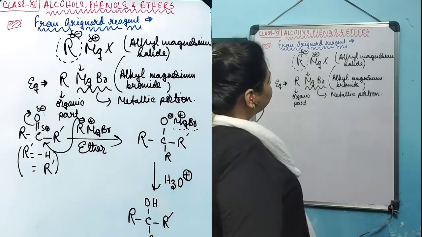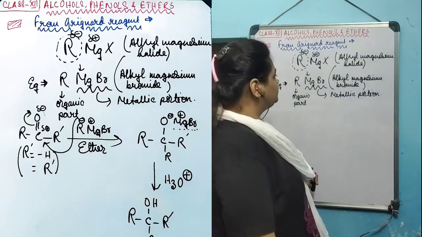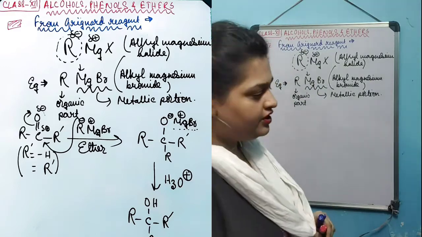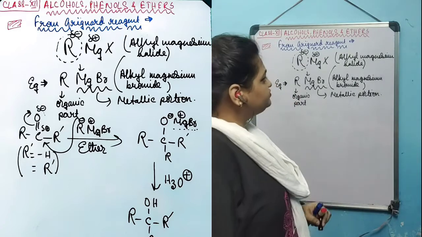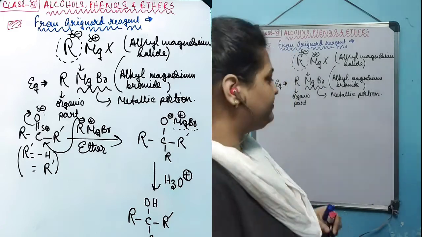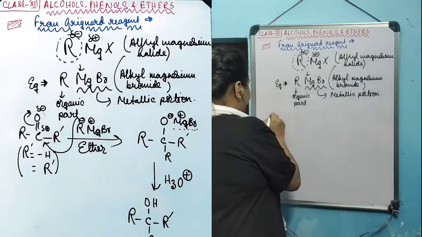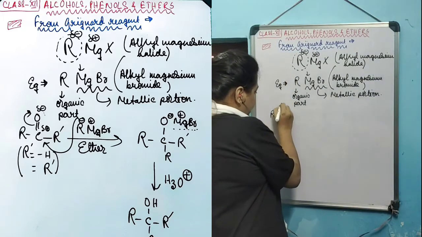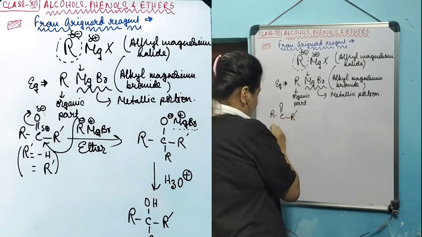This Grignard reagent is very useful in the preparation of alcohols. When this Grignard reagent is subjected to a carbonyl compound, it produces the corresponding alcohol. Let's see how it happens. Let's take the example of this carbonyl compound, RCO R prime.